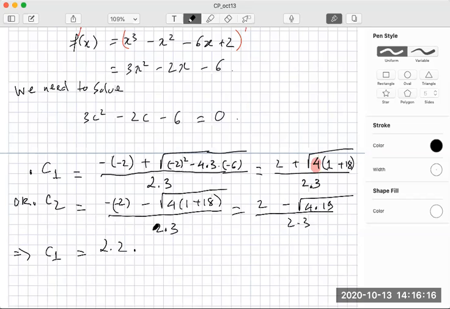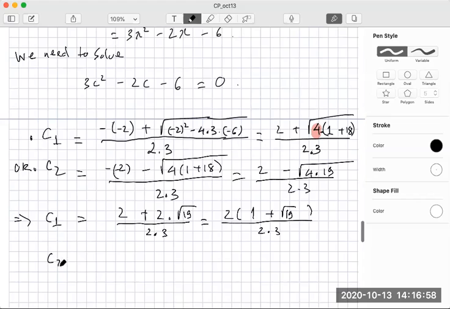Okay, now this guy is square root of 4 times 19. So it is square root of 4 times square root of 19. Square root of 4 gives us 2, right? 2 times square root of 19 divided by 2 times 3. So 2 is a common factor in the numerator. So we can factor it out. What is it inside? Very good.